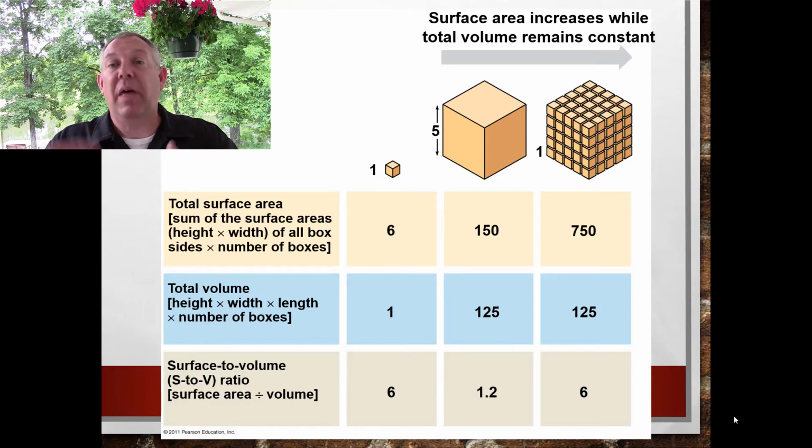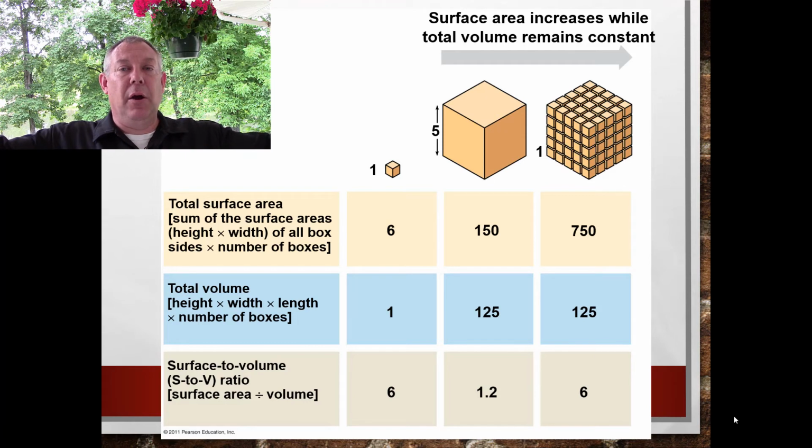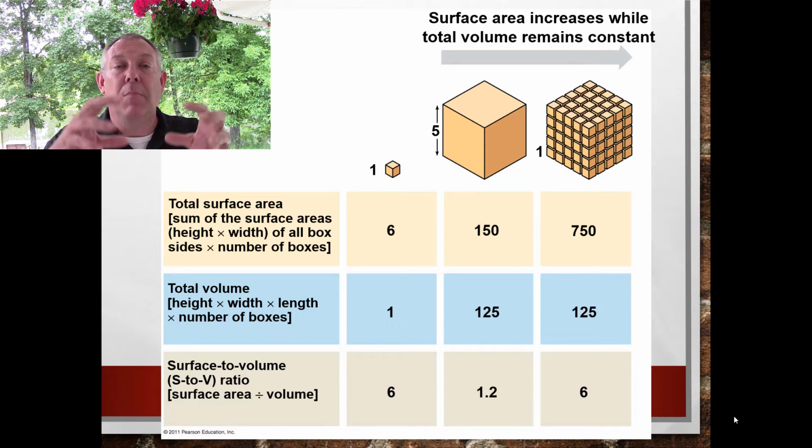And from that, you eventually grew into a very large organism. So you could get bigger in one of two ways. You could be a single cell, and that cell just gets bigger and bigger. Or you could make many copies of the small cell. There's two ways.